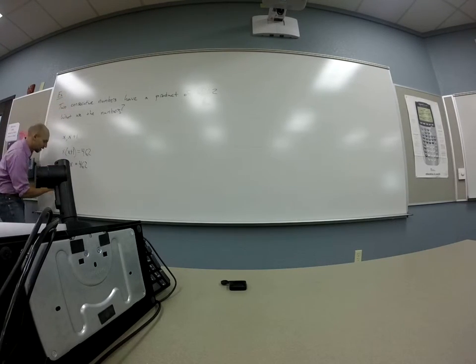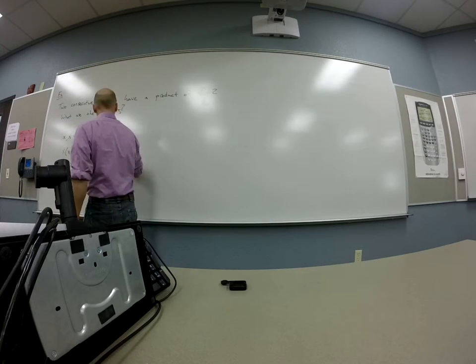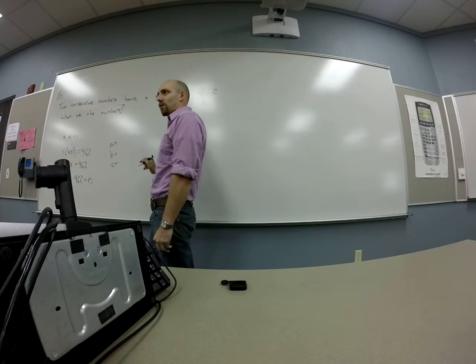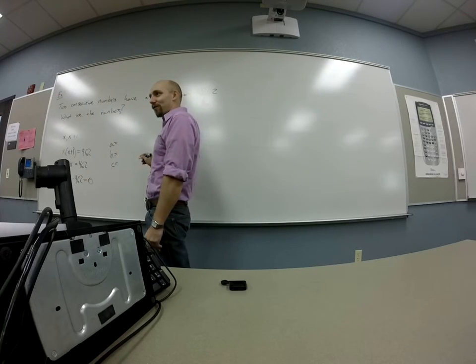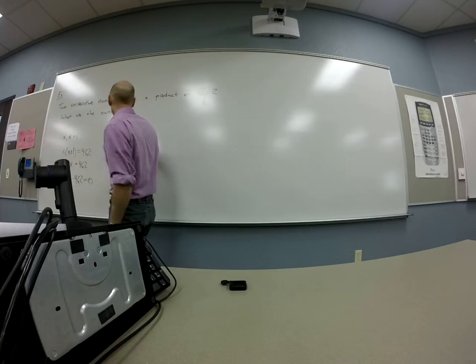So we take our x squared plus x, and then, what were you suggesting, CJ? x squared plus x minus 462 equals 0. So we need to move the 462 over, and then we can identify our A, B, and C. The coefficient on x squared is A, which is 1.